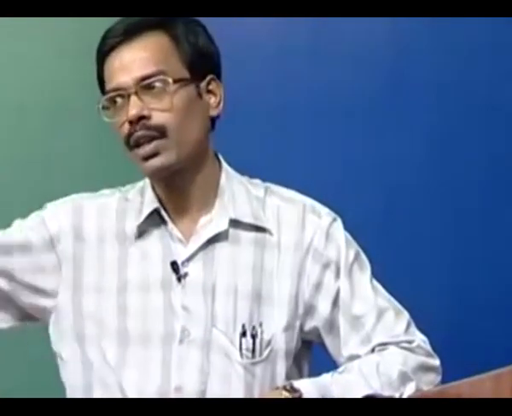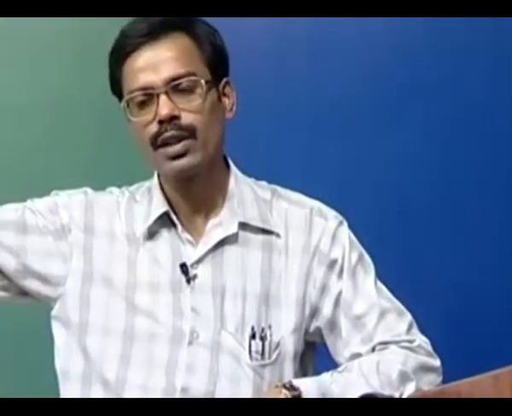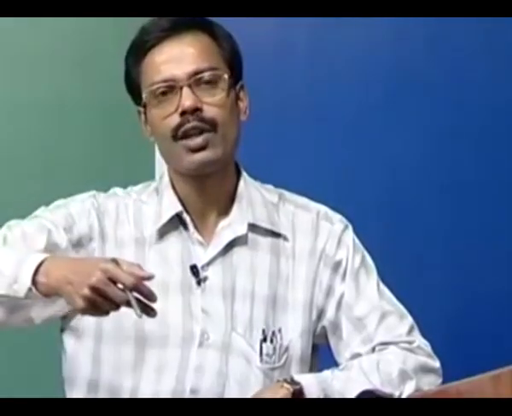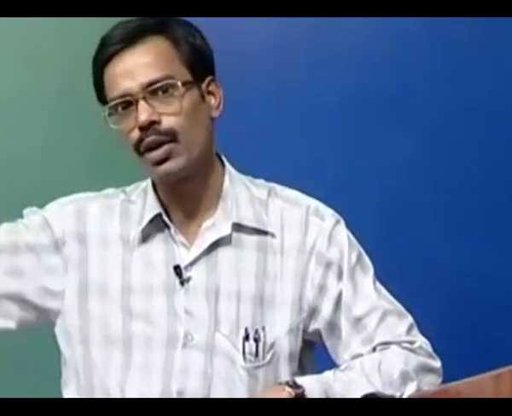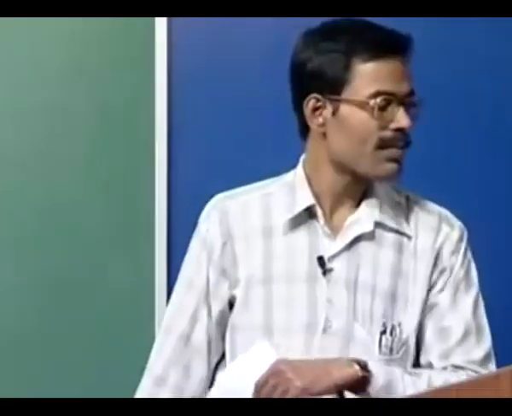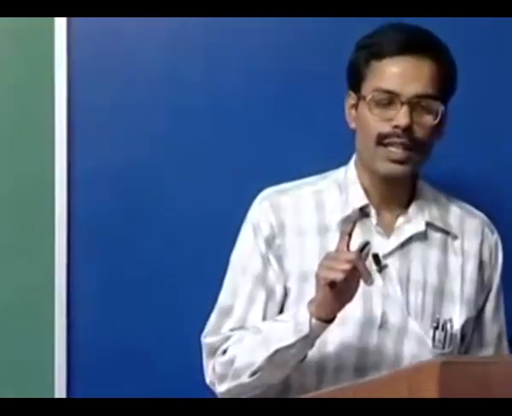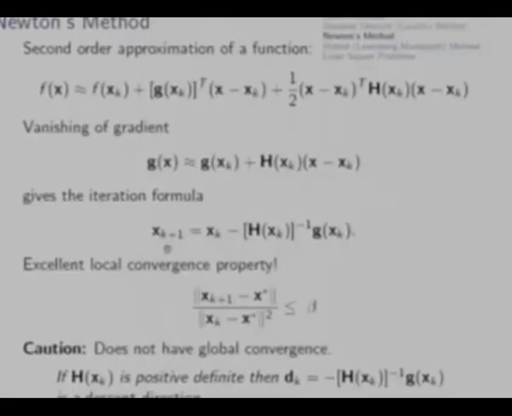On the other hand, if started far away from the optimal point, it may not approach the optimum point at all. It may go somewhere far away, because there is no guarantee as such that an x_{k+1} generated through this formula will be a point where the function value is lower than the function value at x_k. That means that it does not have the property of global convergence.